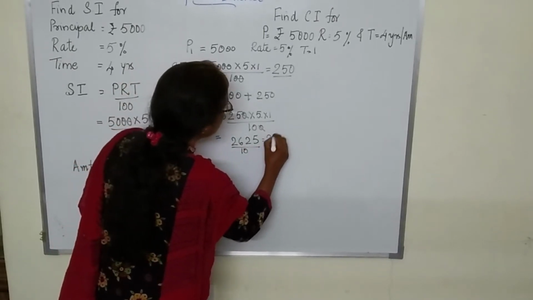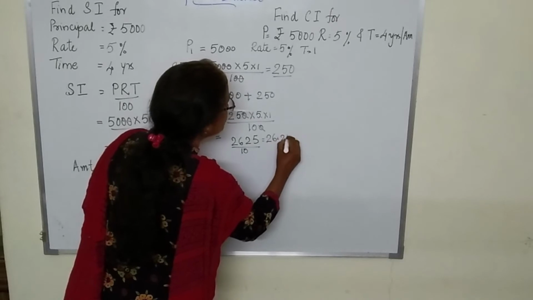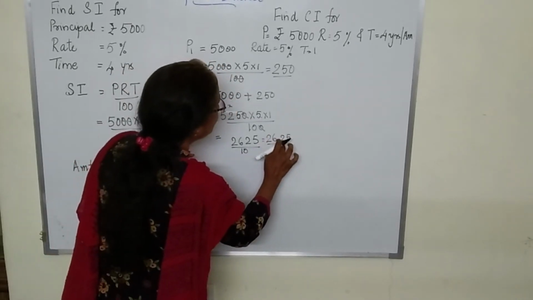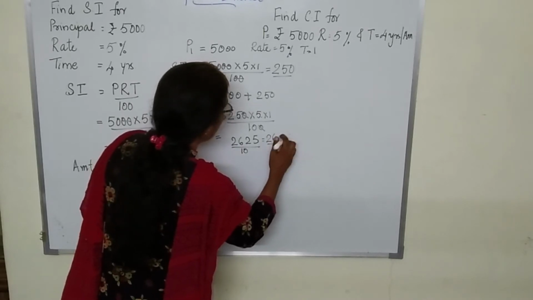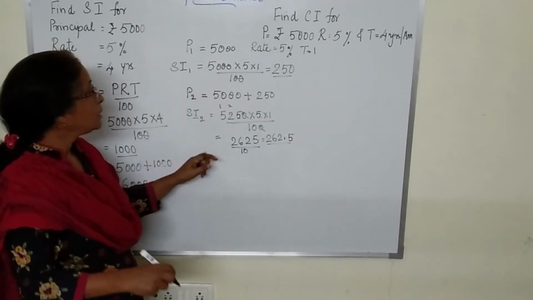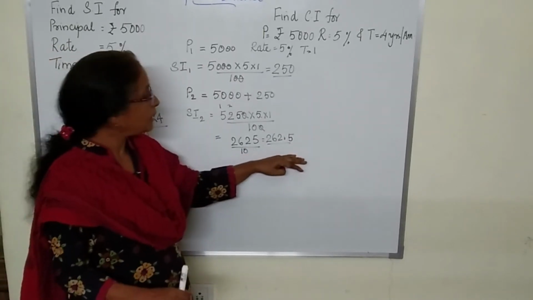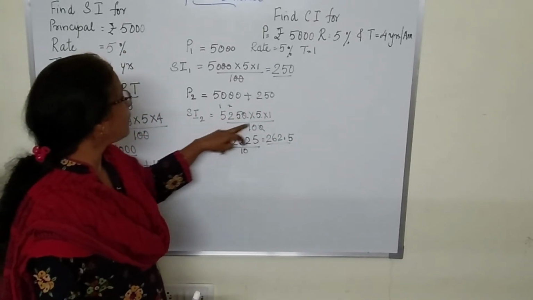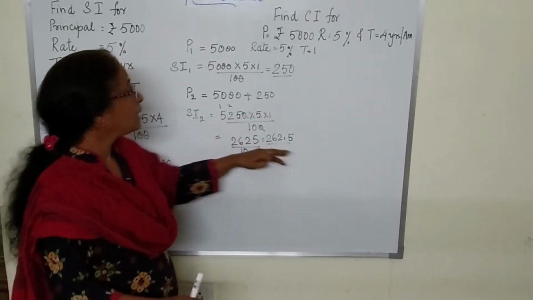That is 26.25, 262.5. Okay, so at the end of the second year we have to pay this much more than this amount 5,250.